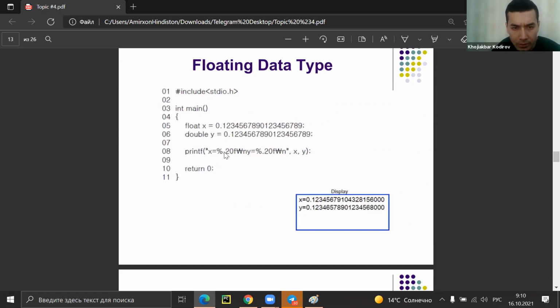They are mentioning that 0.20 means after this point there should be 20 numbers. Only 20 numbers will be accepted. So that 20 numbers are printed here. It's just assigning to variables. Okay, got it, it's clear.